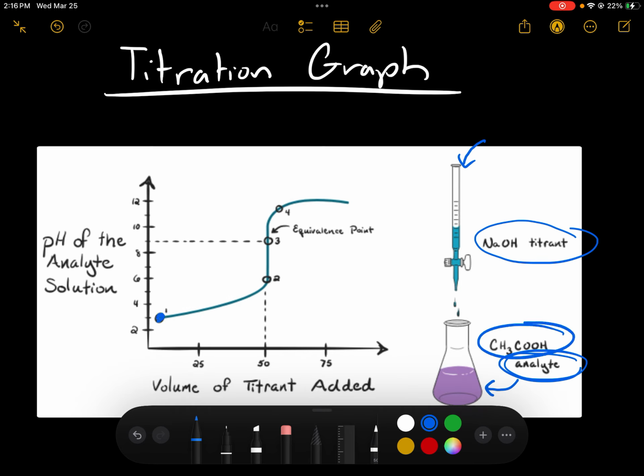So our starting pH is pretty low. And then as we start adding our base, our titrant, to it, we're going to see that pH slowly climb until we reach this vertical section here. And in the middle of that vertical section, we have our equivalence point. If we keep adding our titrant base, eventually we're going to hit an end point up there.